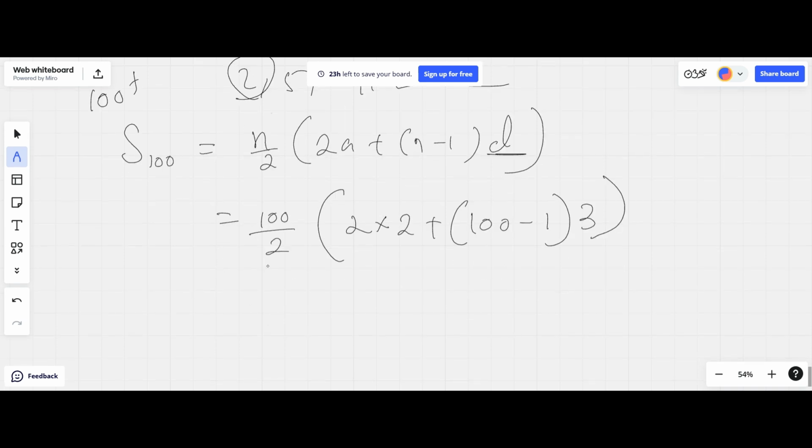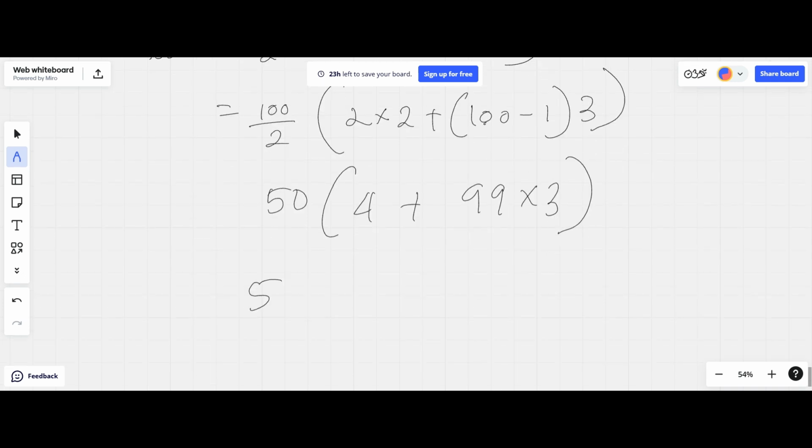So 100 divided by 2 is 50. 2 into 2 is 4, plus 100 minus 1 is 99, into 3. So 50 into 4 plus 99 into 3. 99 into 3 is 297.